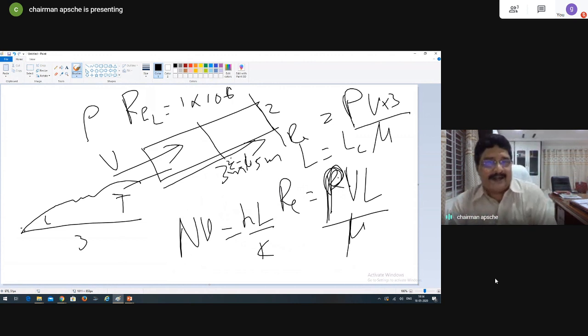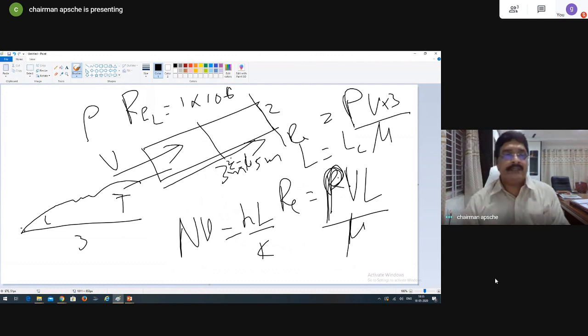Once you get a Reynolds number, you always compare it with the critical Reynolds number. The critical Reynolds number is the Reynolds number which distinguishes between laminar and turbulent. It is at that Reynolds number that laminar flow starts its tendency to turn into turbulent flow.